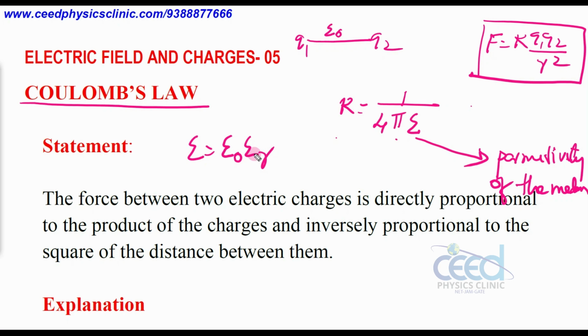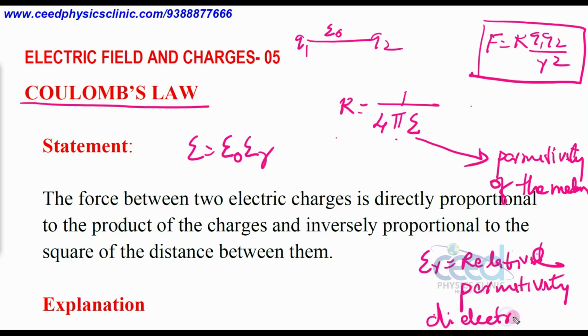What is this epsilon r? Epsilon r is the relative permittivity, or we may call it the dielectric constant. This is very important. Each medium has a dielectric constant, which is the property of that medium.